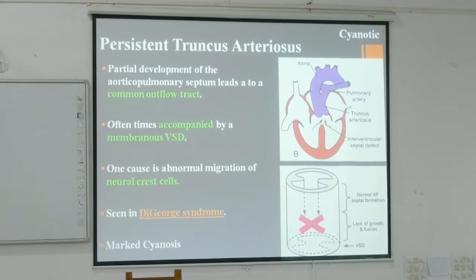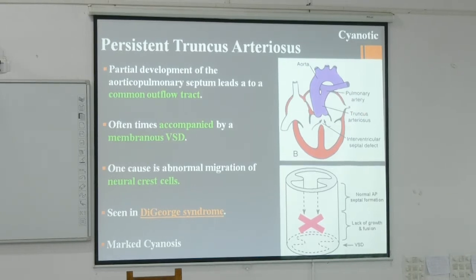It may be associated with a VSD, or may not be, but it commonly happens with a VSD. That means the blood from the right ventricle and the blood from the left ventricle moving towards the truncus arteriosus get mixed up.